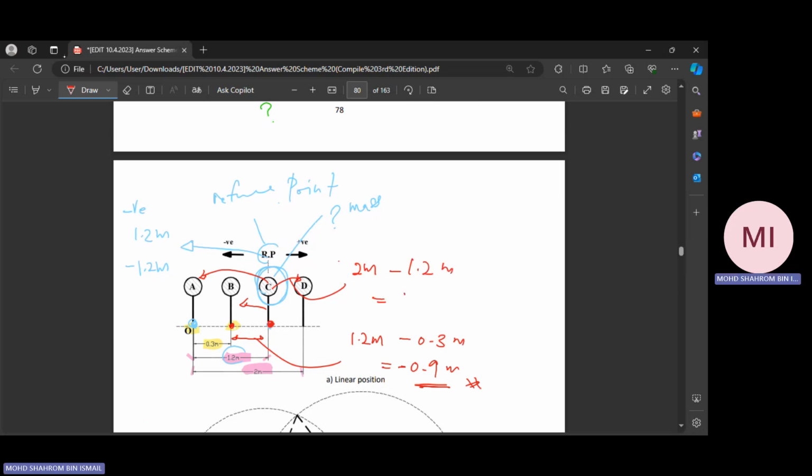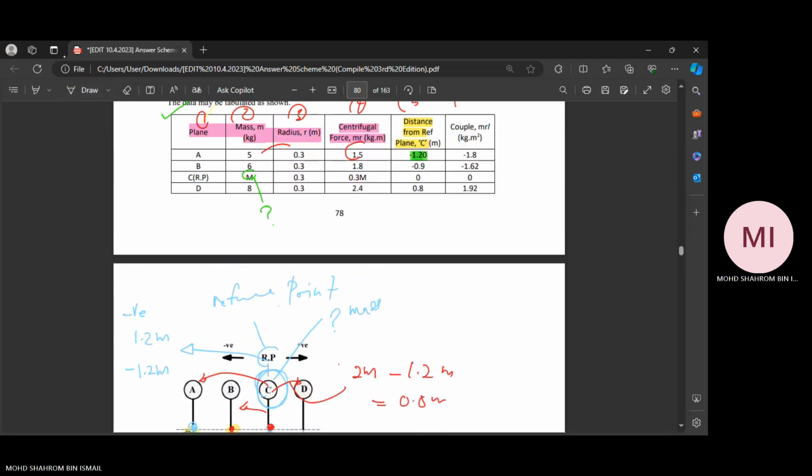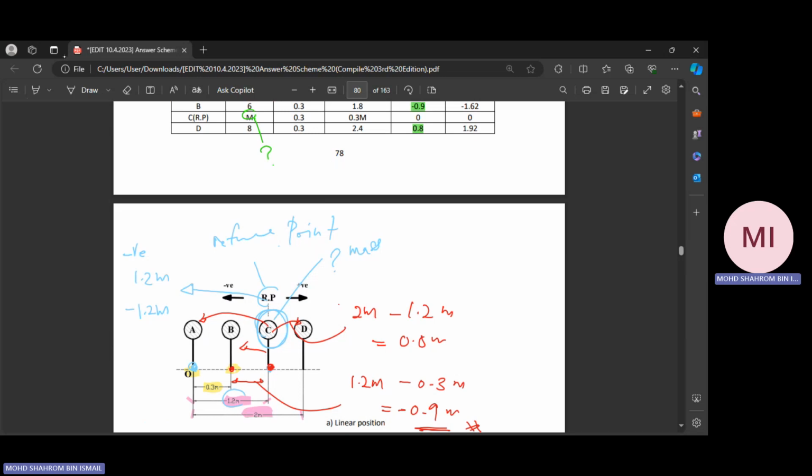So basically you're going to get about 0.8 meter. Since it moved to the right, it's positive. So from C to D is 0.8 and negative 0.9.